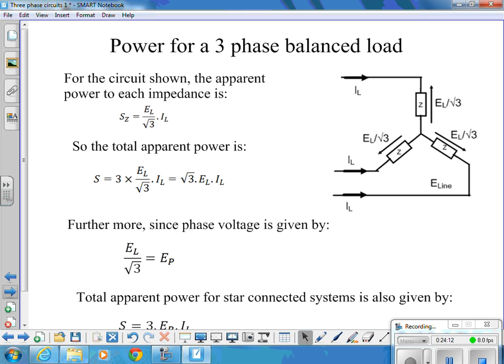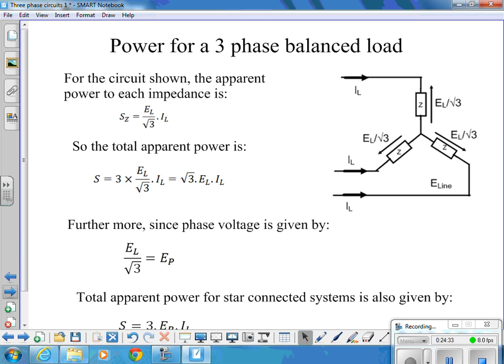For each of these loads, if we take a load in isolation, we can say that the apparent power is the phase voltage, which is EL over √3, multiplied by the line current, because that's the line current flowing through each one.